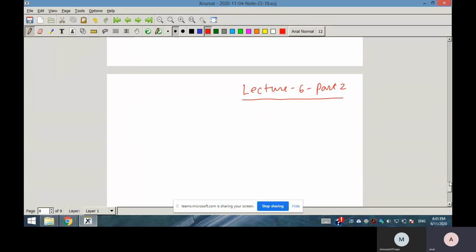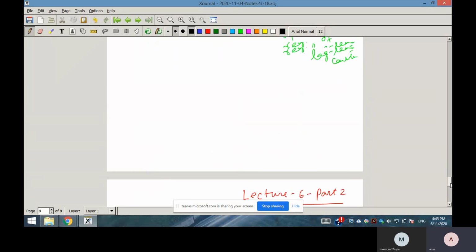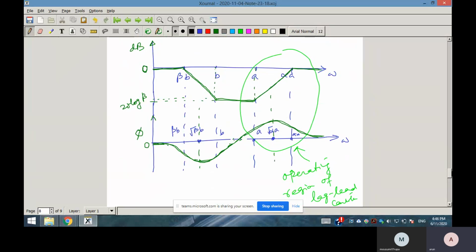Now the design of lag lead controller. In the last class also we saw why the lag part will come first and then the lead part, because we want gain attenuation and phase lead together.